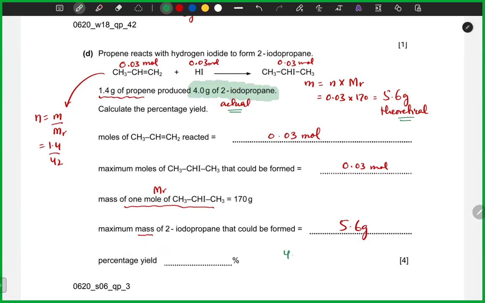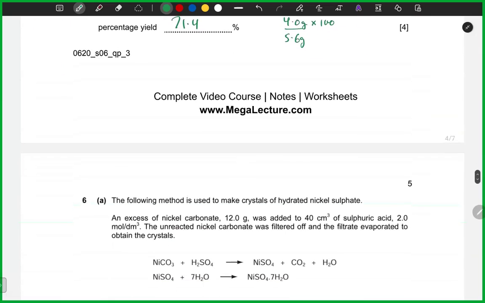Actual is 4.4 grams. Theoretical, my calculator tells me we should be getting 5.6 grams, times 100. So it's 4.4 divided by 5.6 and multiply that by 100. I'm getting 71 up to three significant figures, 71.4%. That's going to be my yield.